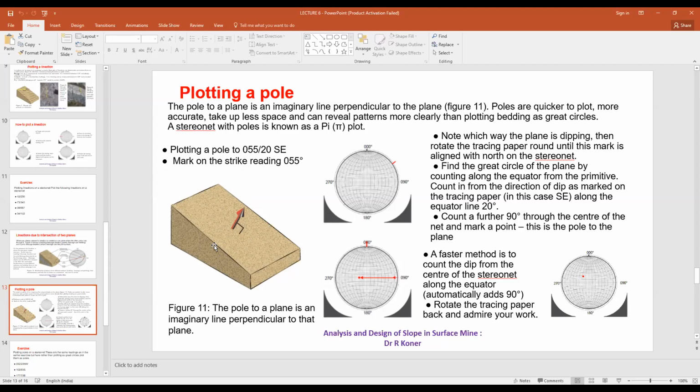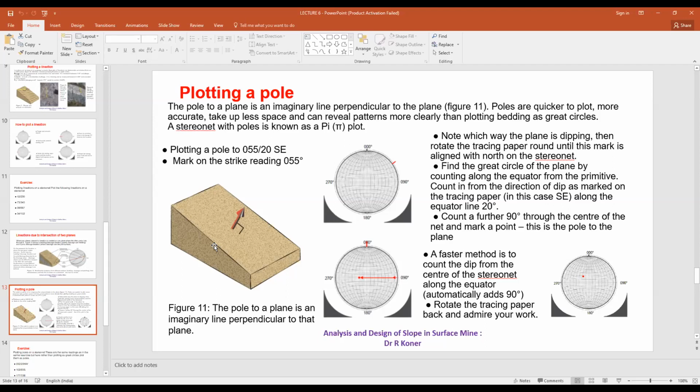That point will indicate the whole plane. So we have a second stage of dimension reduction in the stereo net. Initially the plane is 3D, and we reduced it to 2D, that is a great circle. Again one step further, we reduce that line to a point without compromising the quality. That point will again represent the plane.